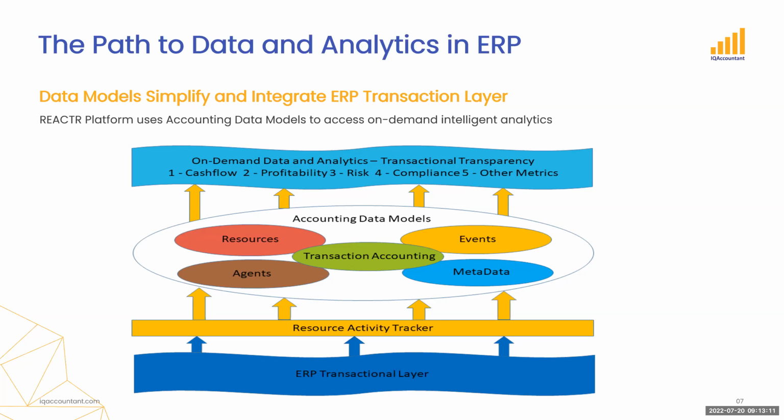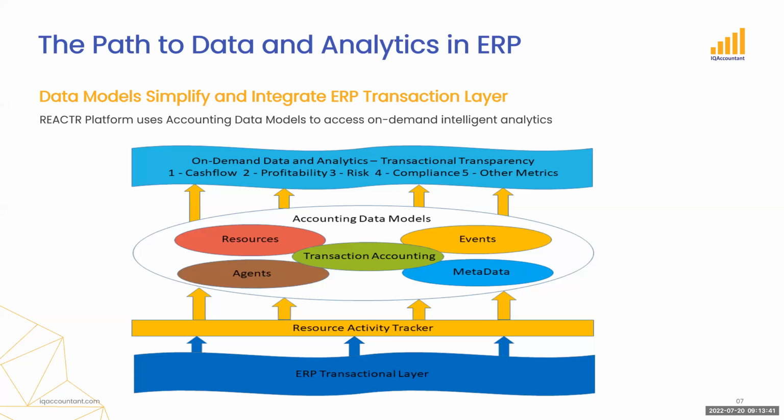And what that produces is a simplified and integrated data model to represent the on-demand data that the managers or internal decision makers need in the organization. So data models incorporate the resources like cash, agents that transact by using that resource.